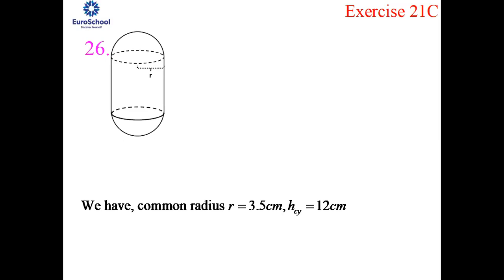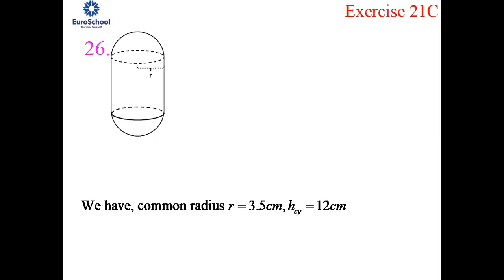Here it is just direct substitution of all the values, because the radius of everything is given. What is the radius? 7 centimeter. It is common for everything. And then the height of the cylinder is also given, and the height of the cone is also given. What is it? 4 centimeter each.